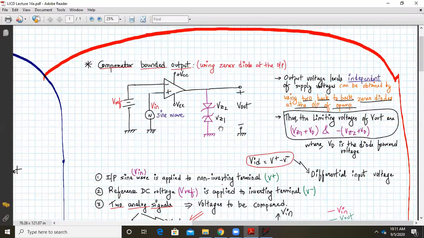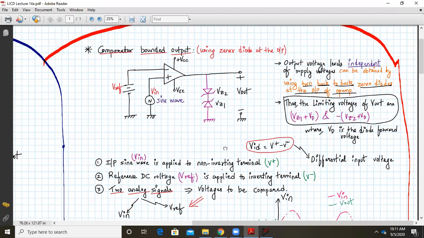So the positive level will be VZ1 plus VD and the negative level will be minus of VZ2 plus VD, where VD is the diode forward voltage. So these are my limiting voltages at the output.